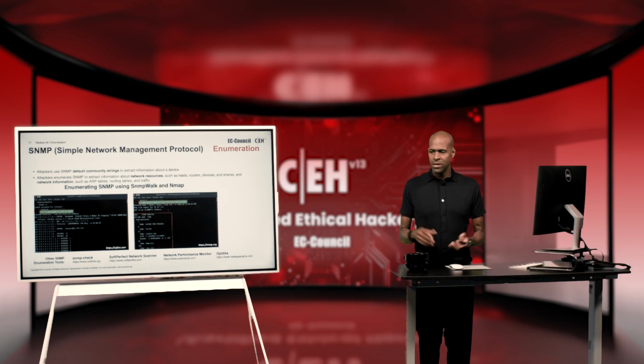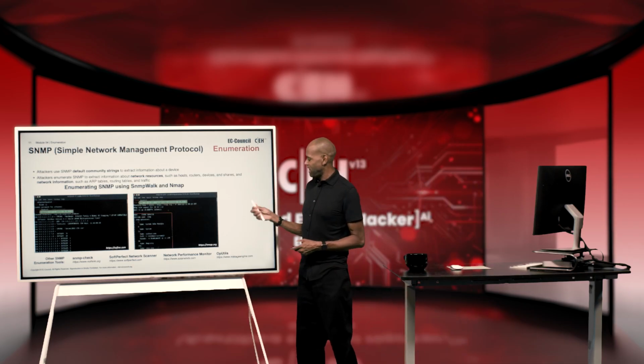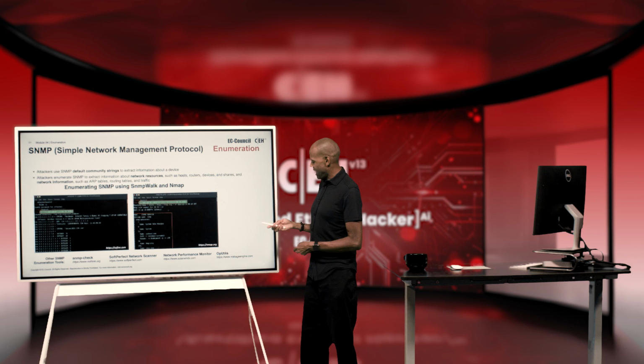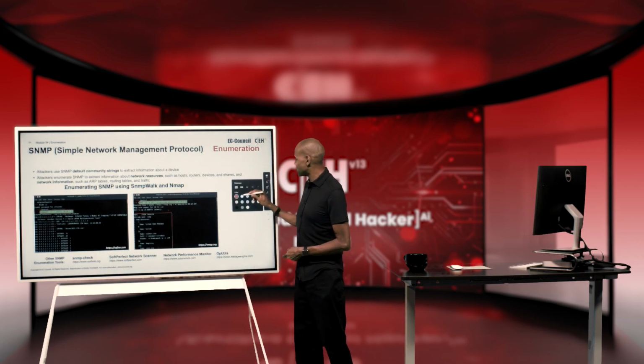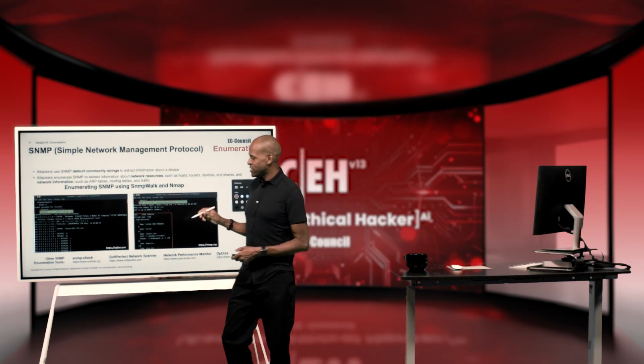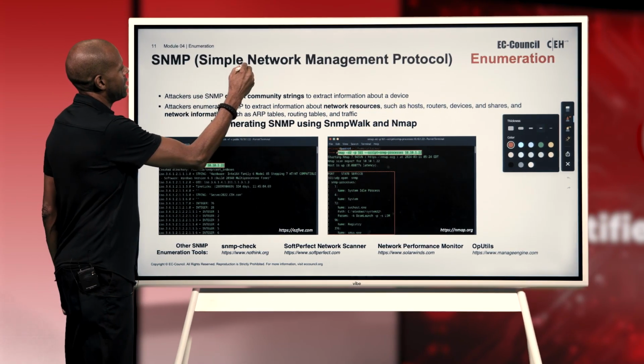Let me go draw on the board. We'll do that. So with SNMP, let's say that you have a network. And so let me go get my little drawing tools out, and we will stay with red. I think that'll work just fine. All right, so I'm going to go over to this side over here. And what we're going to do is I have PCs.